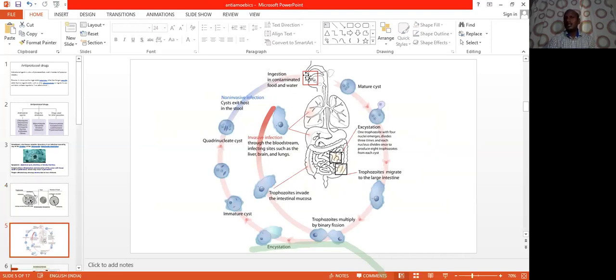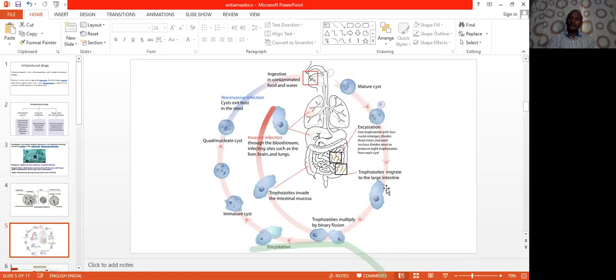Once you ingest this, the food contains the mature cyst, and this mature cyst undergoes excystation, and then you have the trophozoite. The cyst will be converted into trophozoites.